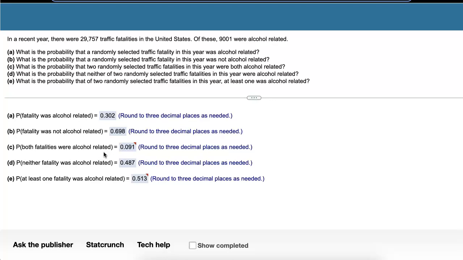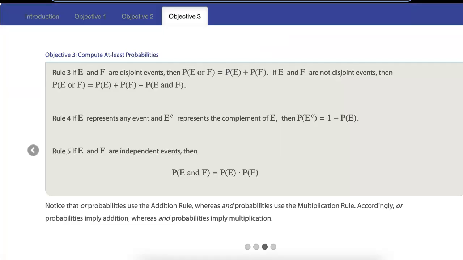So according to that rule, we take the probability of each event and multiply them together.